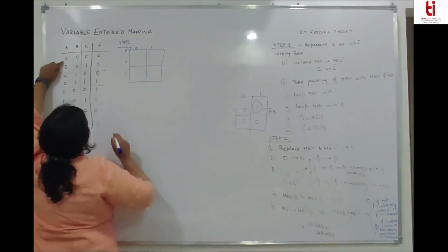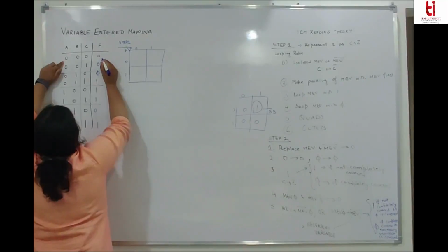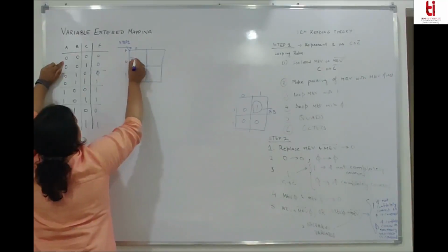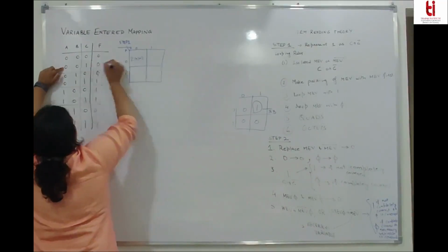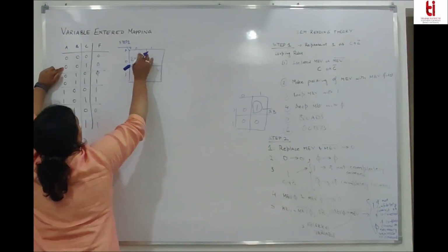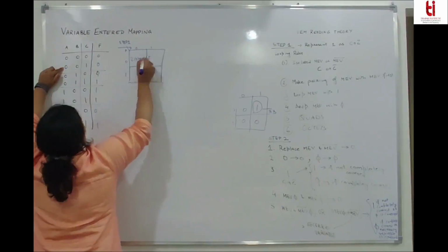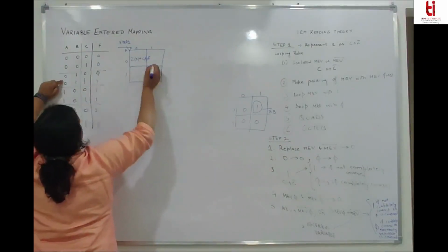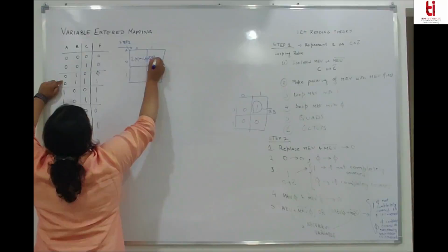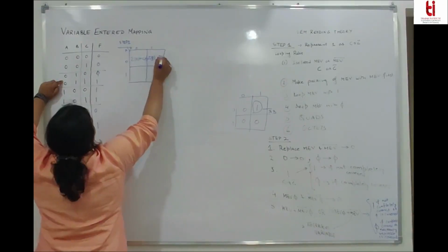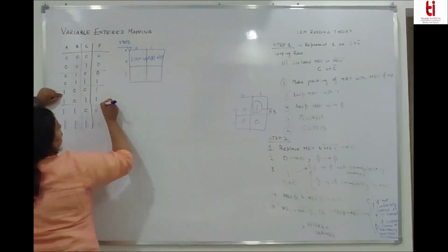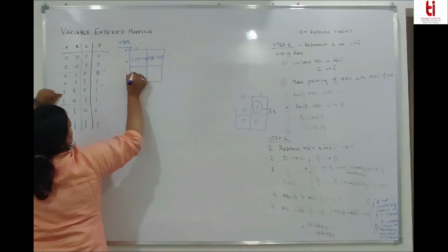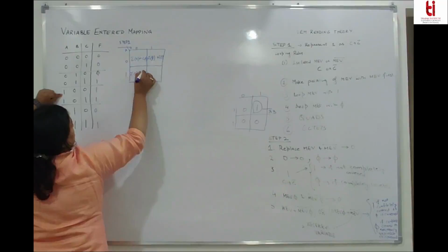So for 0 0, C bar is 0, and for C it is also 0. For 0 1, C bar is 5. For 1 0, both are 1, so C bar is 1, C is 1.